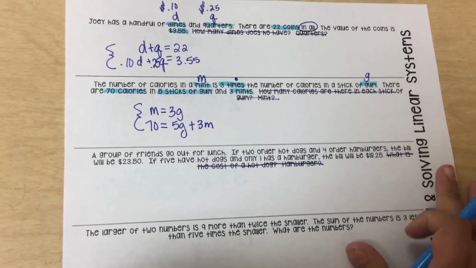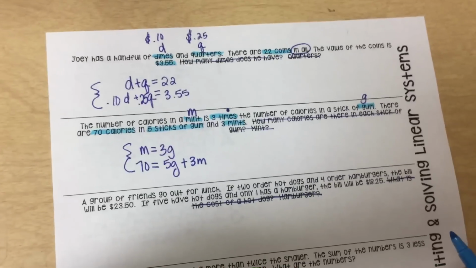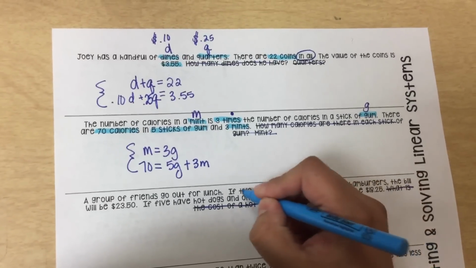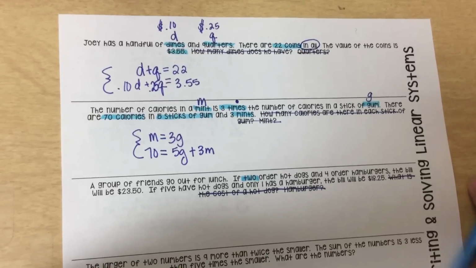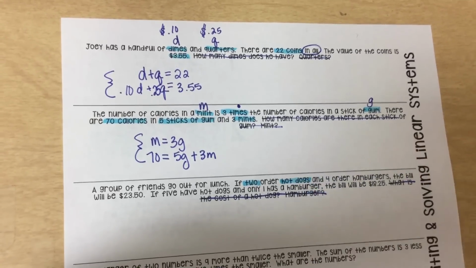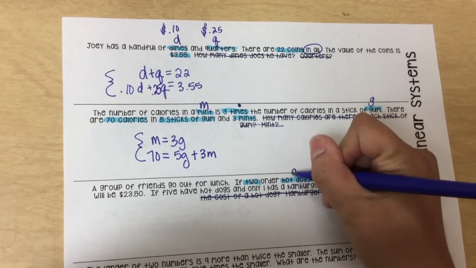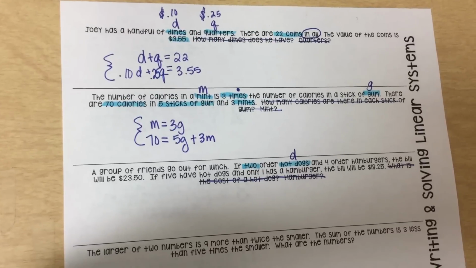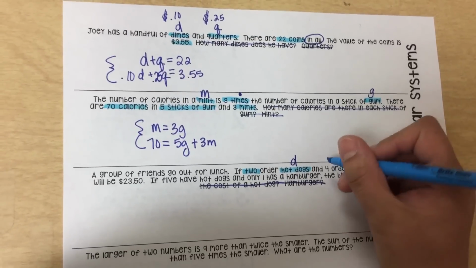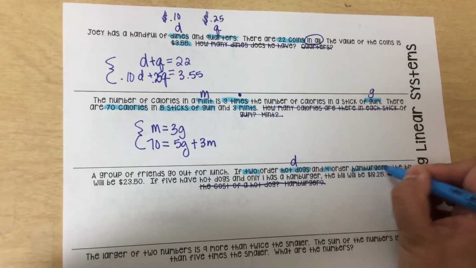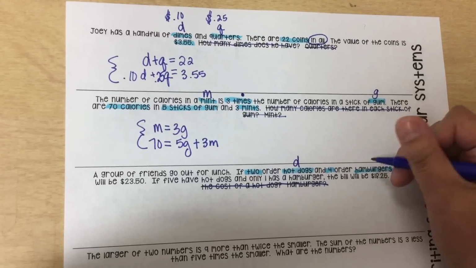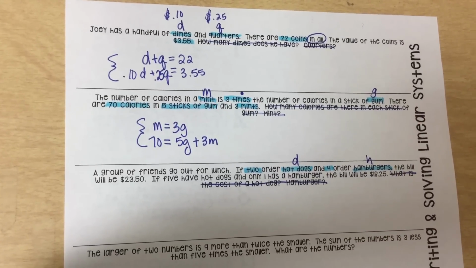So a group of friends go out for lunch. If 2 order, let's see here, 2 seems pretty important. We have hot dogs. I'm going to assign the variable D for hot dogs. And 4 order hamburgers. I'm going to assign the variable H for hamburgers.